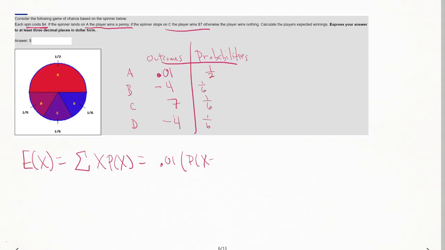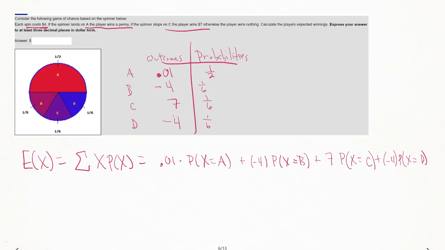Since we have different probabilities, I'll use A, B, C, and D here, times the probability that x equals A. Then plus, what's the next one? -4 times the probability that x equals B, plus 7 times the probability that x equals C, plus -4 times the probability that x equals D. Okay.